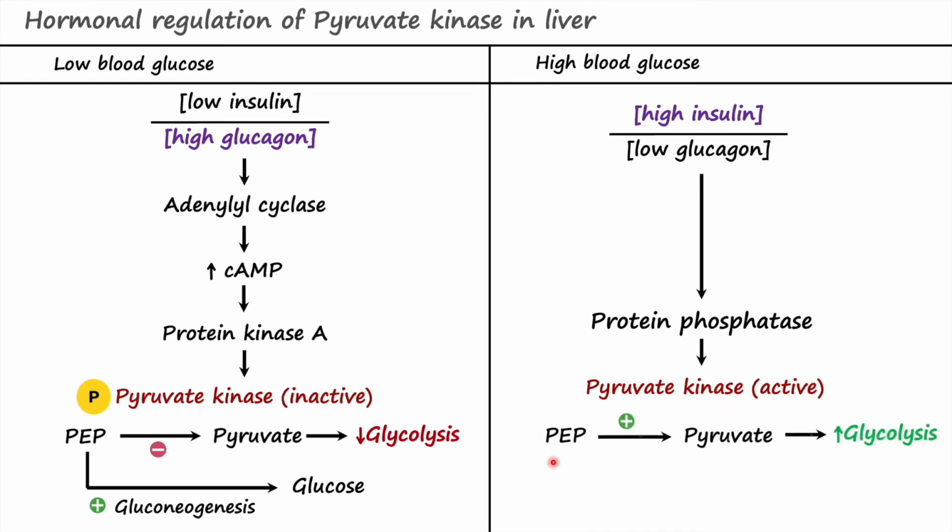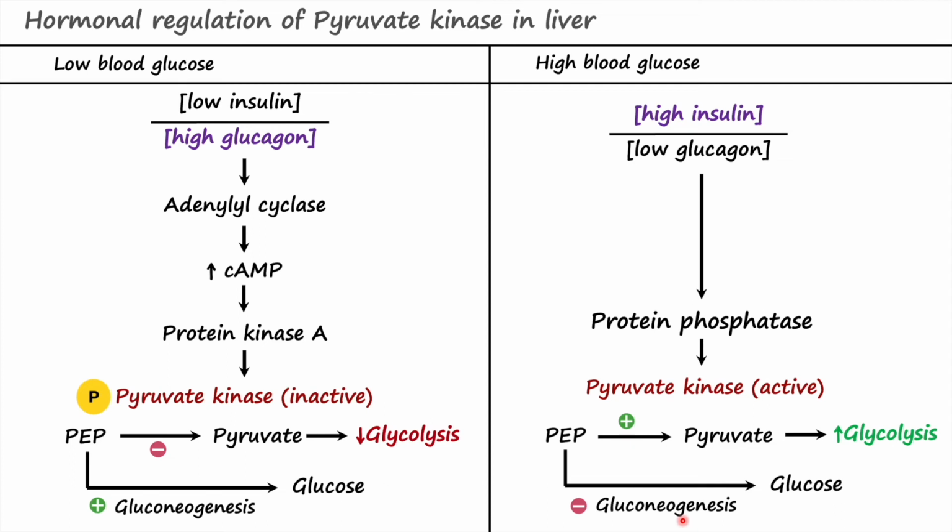This leads to the conversion of phosphoenol pyruvate to pyruvate, and it also results in an increase in the rate of glycolysis. Simultaneously, the gluconeogenesis pathway is inhibited, therefore decreasing the synthesis of glucose through gluconeogenesis. So this is the allosteric and hormonal regulation of the pyruvate kinase enzyme, which carries out the third irreversible reaction in the glycolysis pathway.